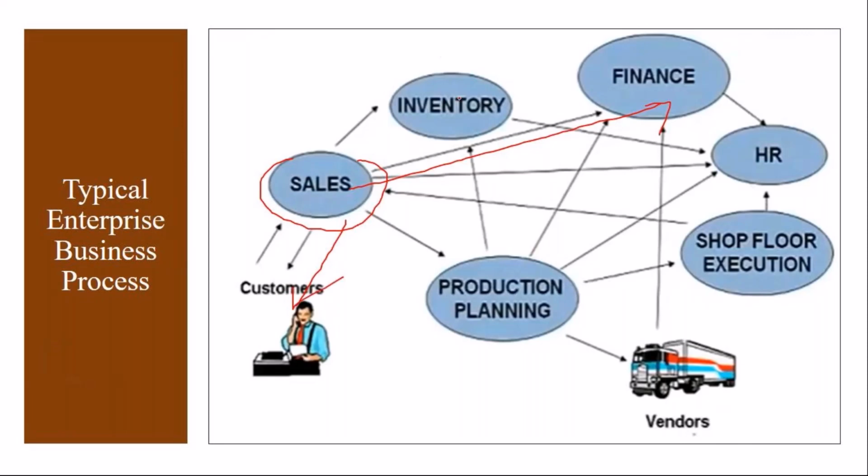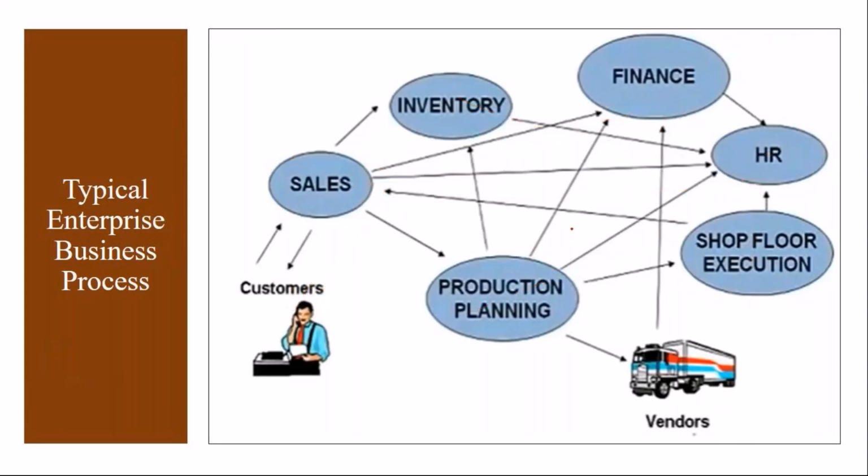And all the departments within the company reach the human resource department, the HR department, for any human resources related issue. So this is the typical business process of any company normally.